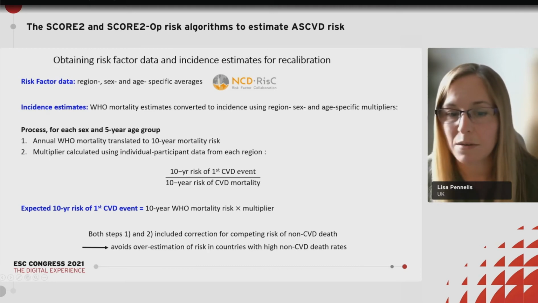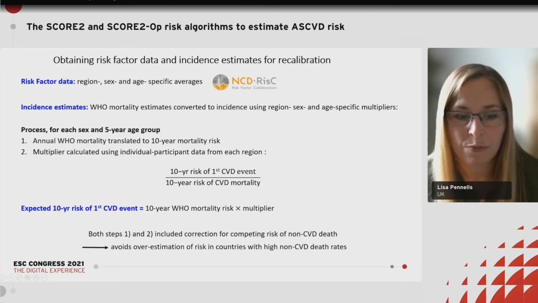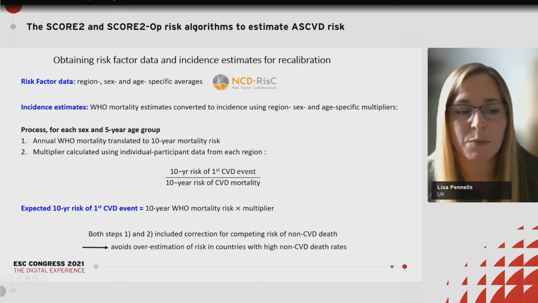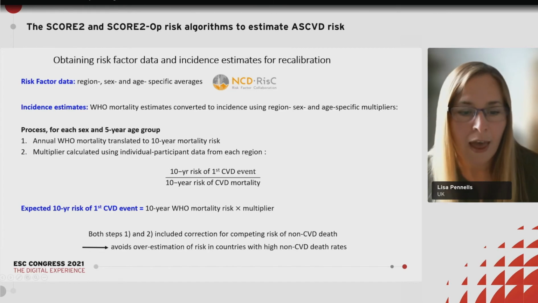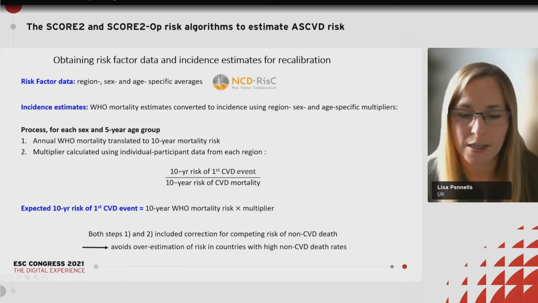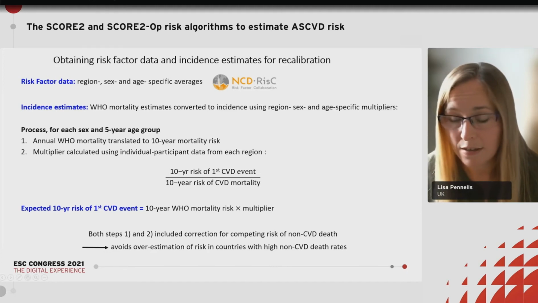So this denominator mimics the WHO mortality that we get for the population. So you can see once you apply this multiplier to our 10-year WHO mortality risk, we get an expected 10-year risk of a first CVD event. Also, really importantly, these two steps include a correction for competing risk of non-CVD death. So this avoids us overestimating risk in countries where there's high rates of non-CVD deaths.